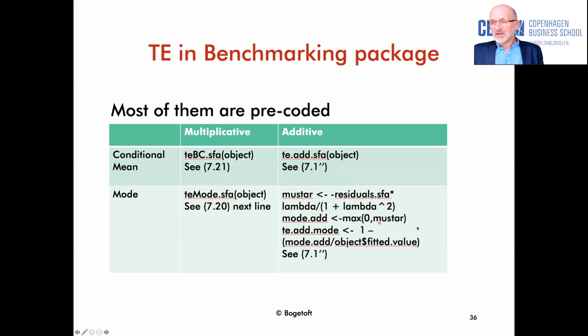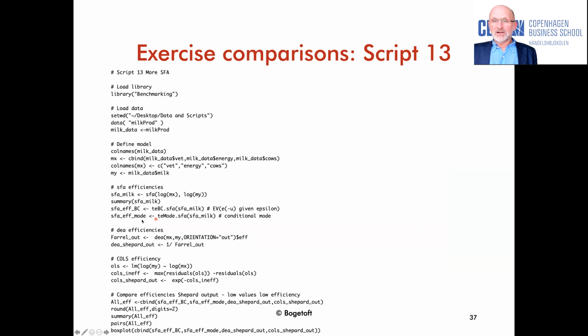And then you can estimate the additive technical efficiency, Shepard output, as 1 minus this mode estimate divided by the fitted value, the model's expected output. So you can easily write a few extra lines and then you get even a mode-based estimate of inefficiency in the additive model. And here I show how all of this works if you just work with logs.